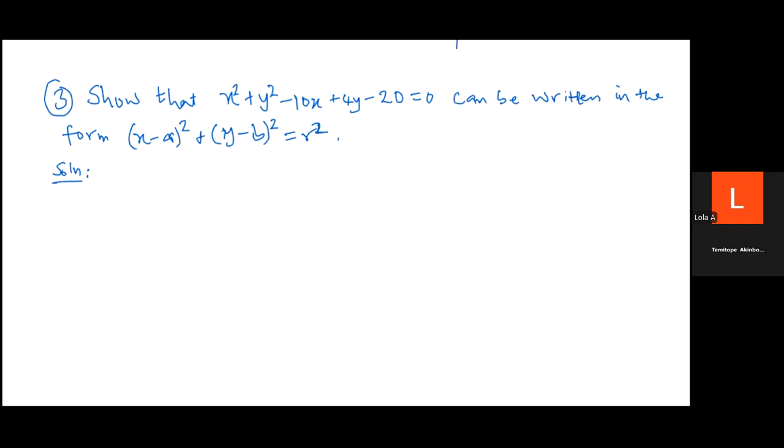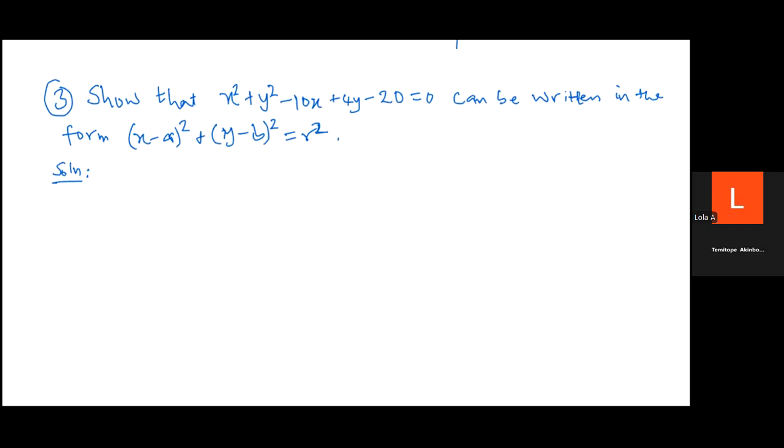What does that mean? Technically, the question is demanding that we should find the center and radius of this given equation. Because if you want to write it in completed form, as the question demanded, you must know a and b, then r. So to do that, you want to find the center and radius from this equation given.